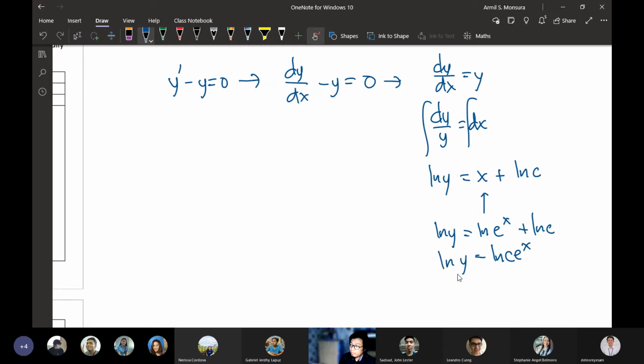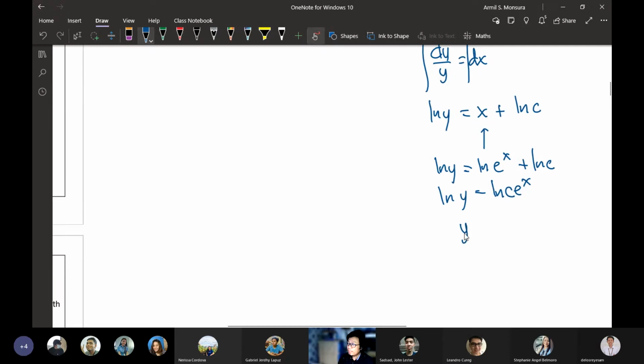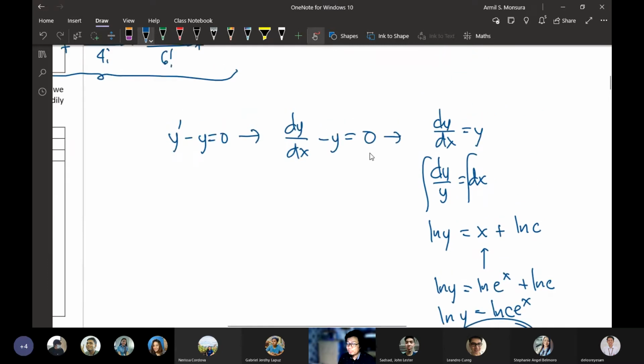In which case, since both of these sides are inside the natural logarithm function, then I can simply say that y here equals c times e raised to x. So ito yung general solution nung ODE na to. Okay? Is that clear?